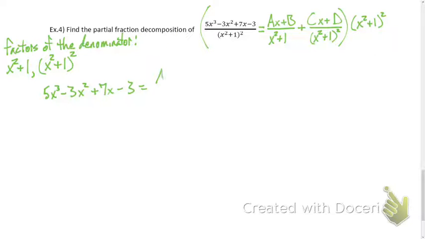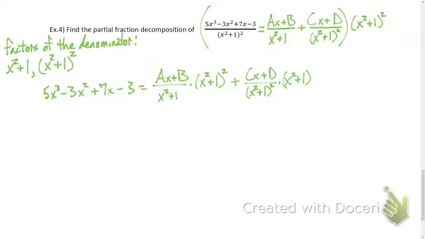The first fraction, I'm just going to rewrite it, times the common denominator. Then we have the second fraction. Rewrite that one. That one cleans up really nice. All of that just cancels. Well, except for the C and the D.